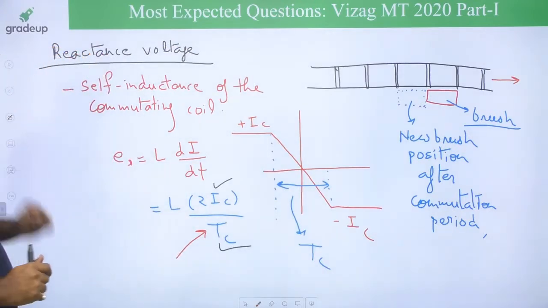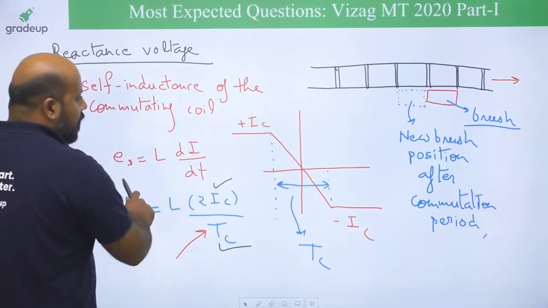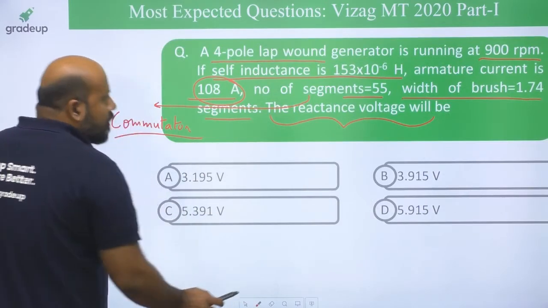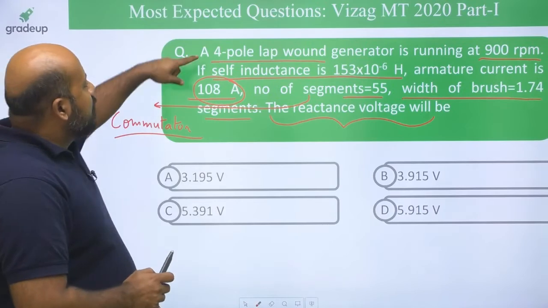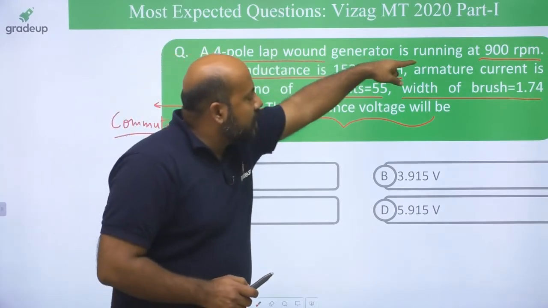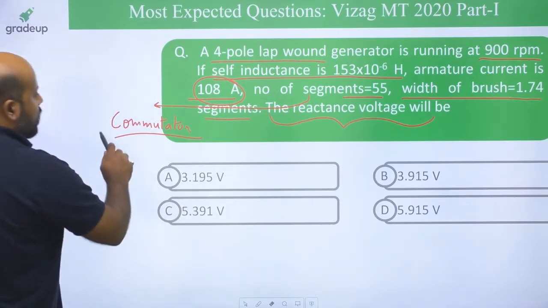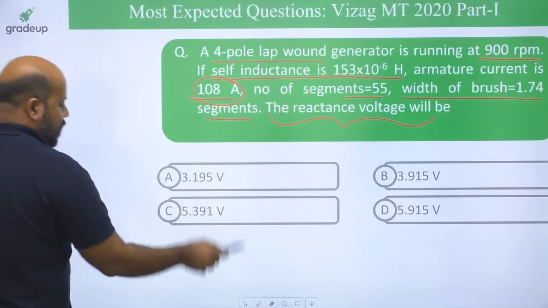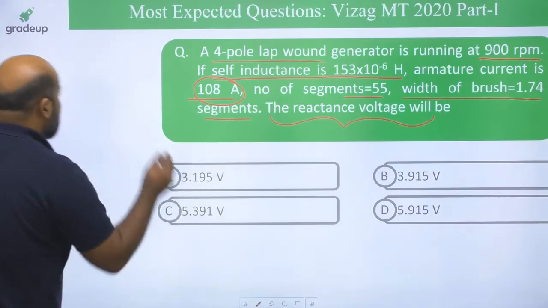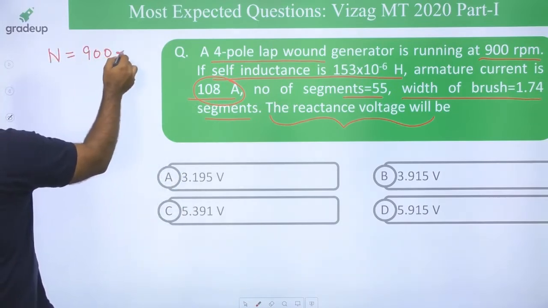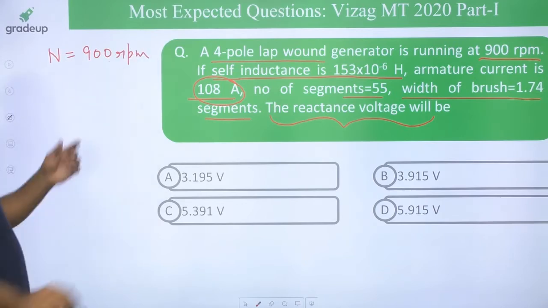Now listen very carefully. Just go back to the question and see what is the information he has given. He is saying that the speed of the generator is 900 RPM. What does it mean? What is RPM?